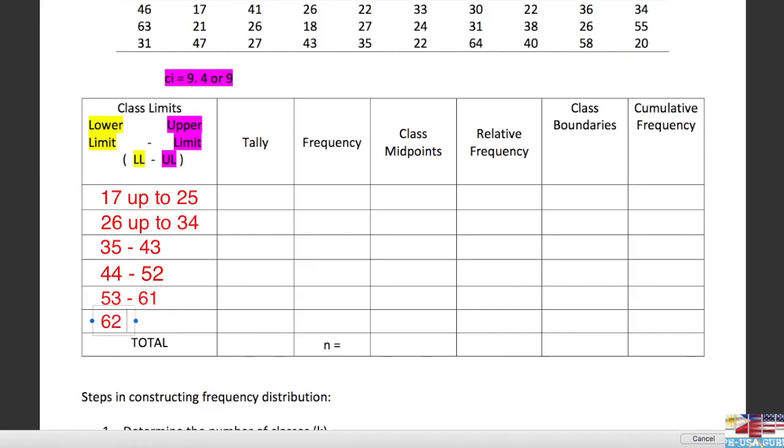So 61 plus 9 is equal to 70. And now we completed the class interval or the class limits. So we started from 17 up to 25, where the lowest score 17 falls, and we stop at 62 to 70 because 64, which is the highest score, falls there.